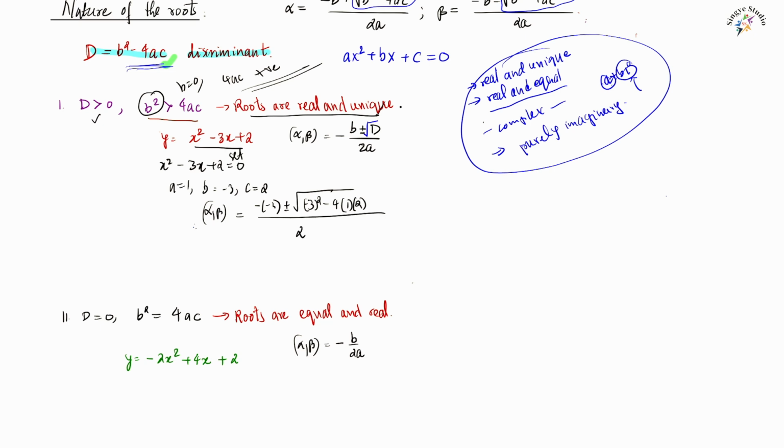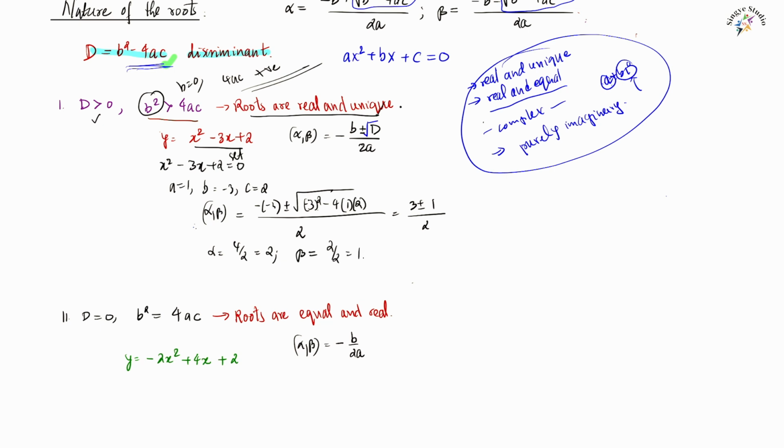So here we will get 3 plus or minus, here 9 minus 8 is 1, so root of 1 is 1, upon 2. So alpha is just 4 by 2, which is 2, and beta is 3 minus 1 is 2 upon 2, which is 1.